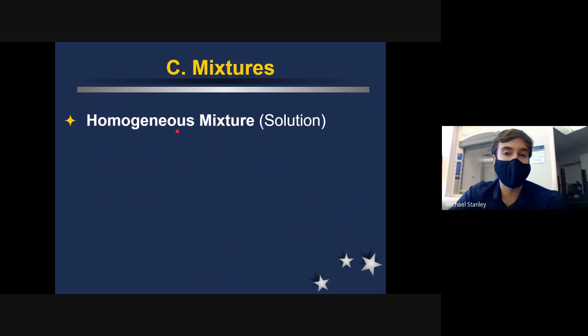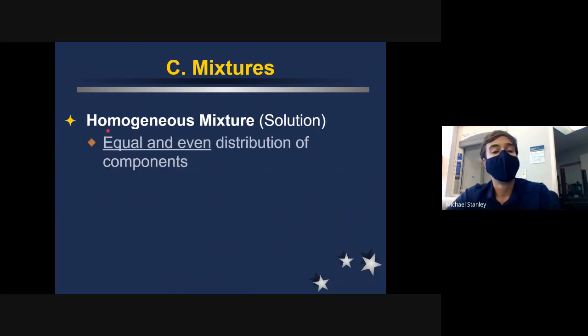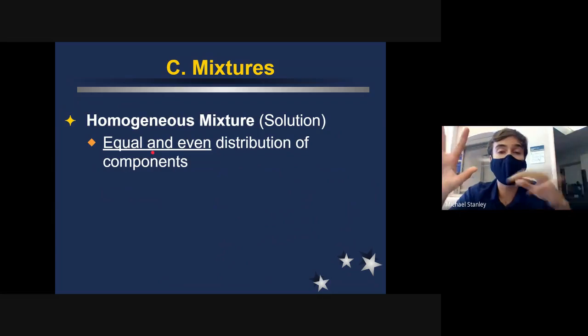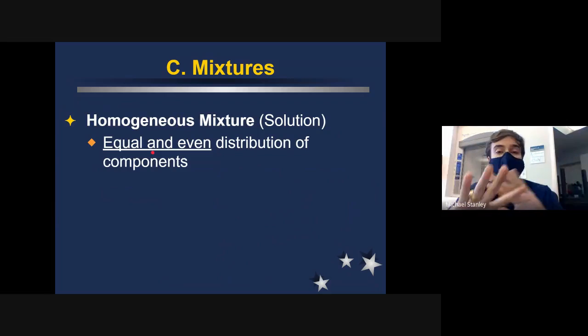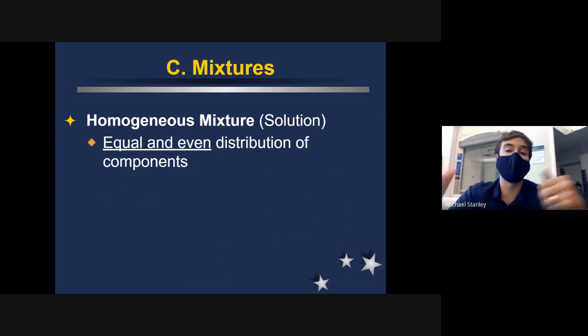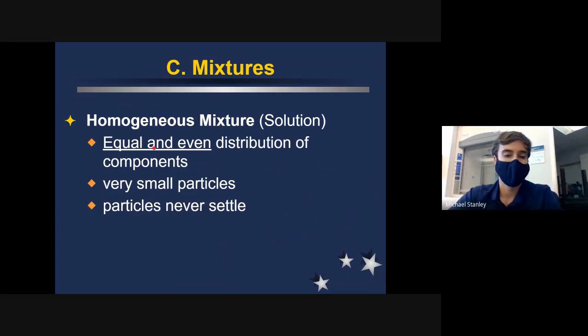So in science and in Latin, homo usually refers to the same or similar. And so homogeneous mixtures are when you have equal and even distribution of your different particles, of your components. Everything in your mixture is totally evenly spread out from all the other particles. So no matter where in the mixture you go, you have the same mix of the same types of particles. Everything is equally and evenly mixed around.